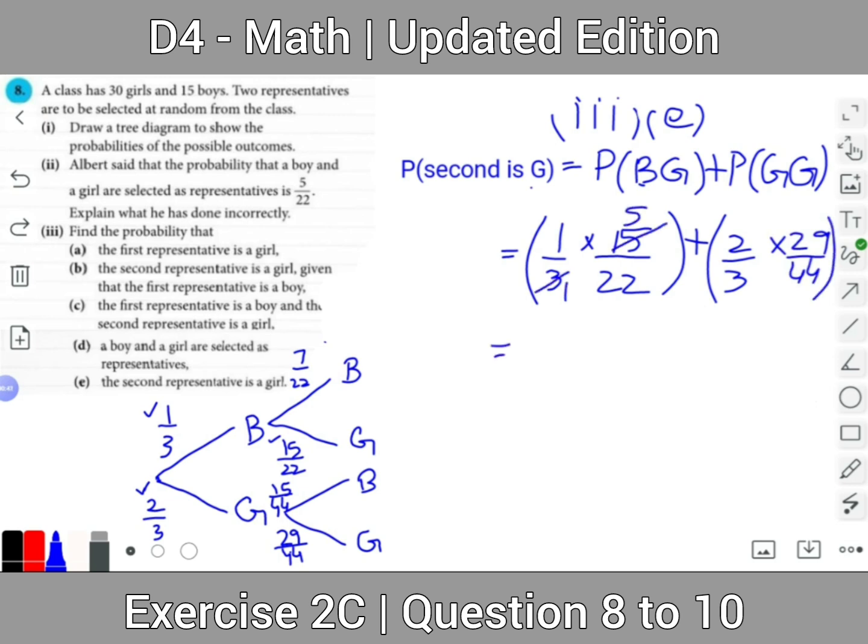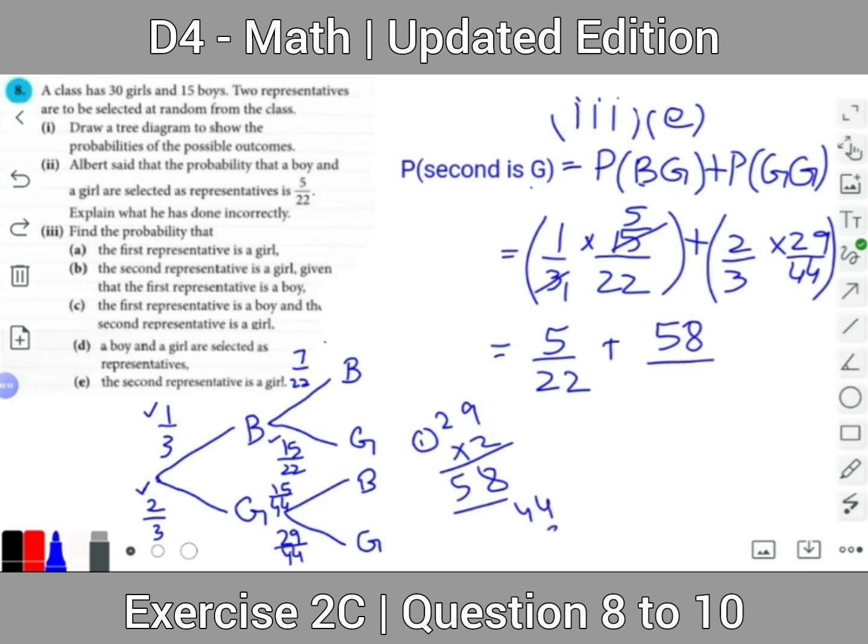Now after simplification we have 5 over 22 plus 58 over 132, simplified to 29 over 66.